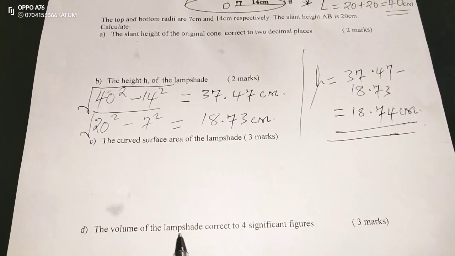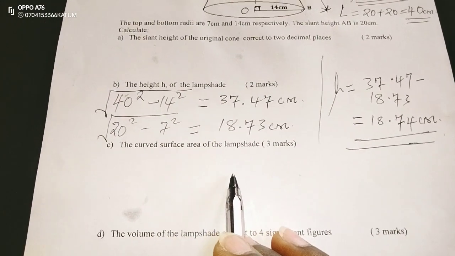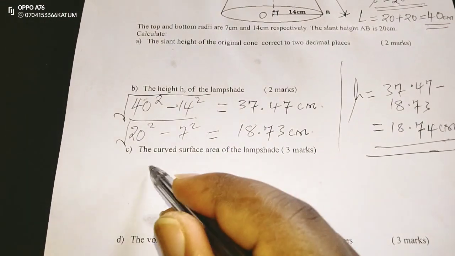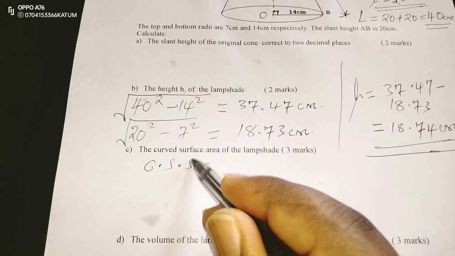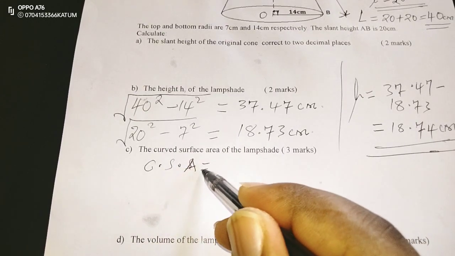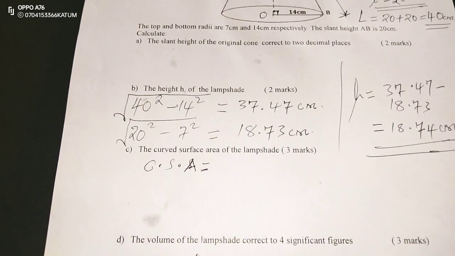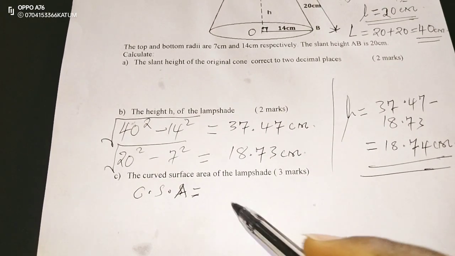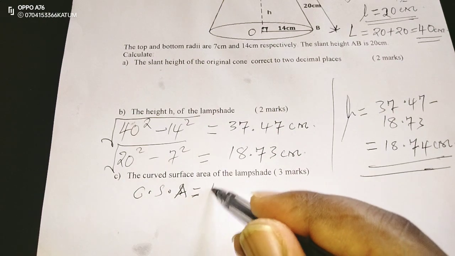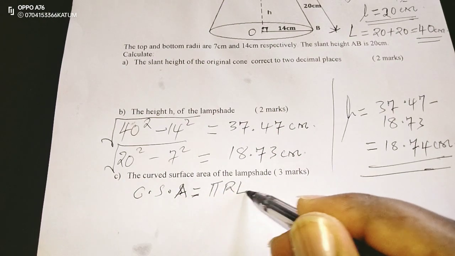Now we calculate the curved surface area of the lampshade. It is given by the curved surface of the original cone minus the curved surface of the smaller cone that was cut off, and curved surface is given by pi RL.